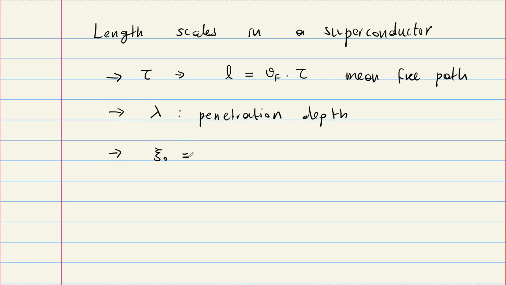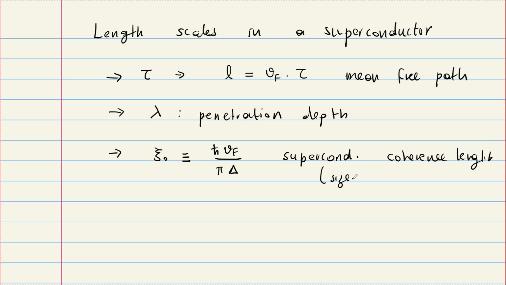Xi 0 is defined by h bar v Fermi divided by pi times delta, this superconducting gap. So this is the so-called superconducting coherence length. If you want, this is kind of like the size of a Cooper pair.